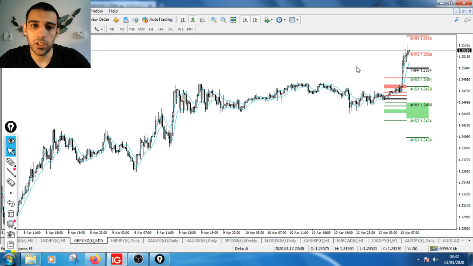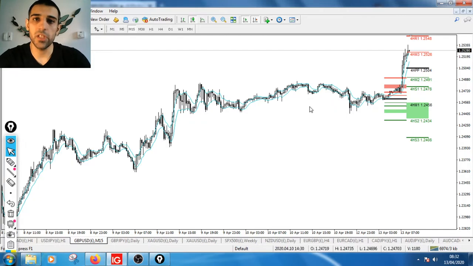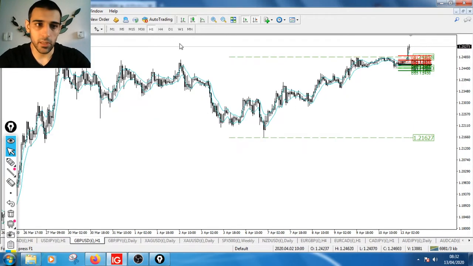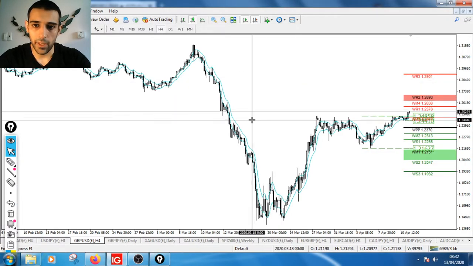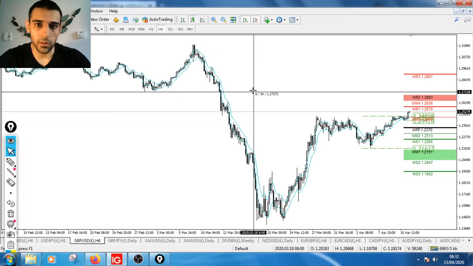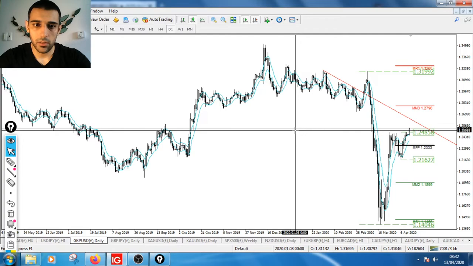This could be a potential entry, but as I do not particularly like to take trades purely based on the pivots alone, I want to find something that I can leverage on that one. So far I don't see anything. Okay, the price is coming down.